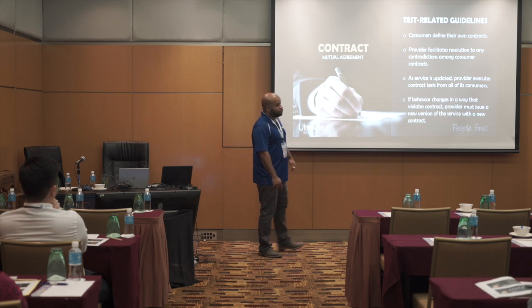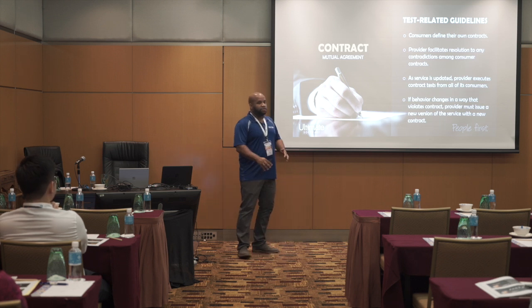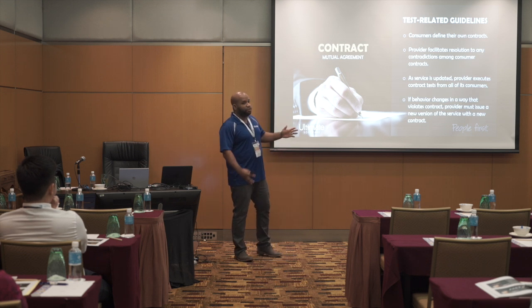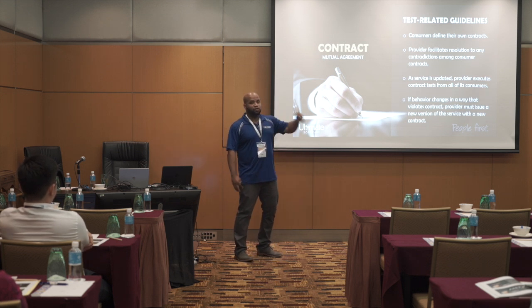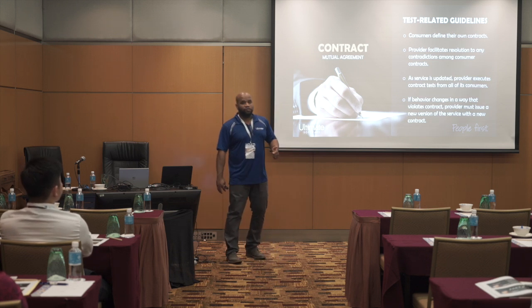And from time to time, you'll have behavior that changes in a way that violates the contract, right? And if you have to do that, the provider should issue a new version of the service that has a new contract.